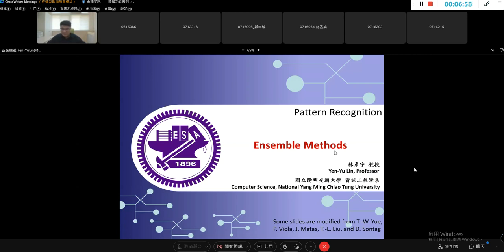By combining multiple submodels, we can boost the performance, and the resultant model is often more robust to noise and can get better performance. So in this lecture, we are going to specify some famous algorithms in this category, ensemble method.